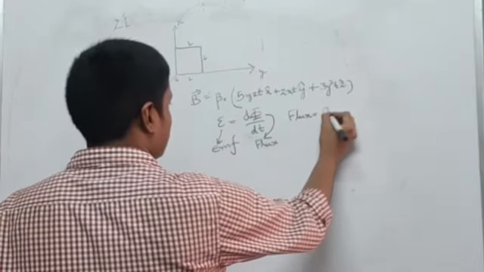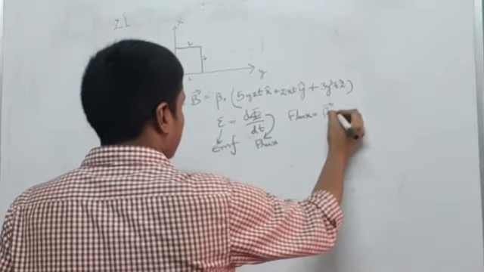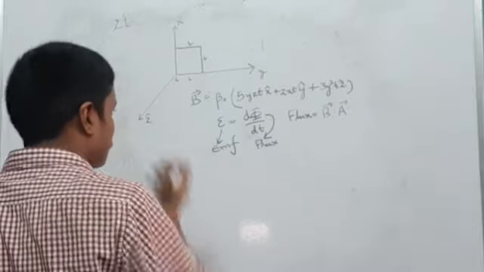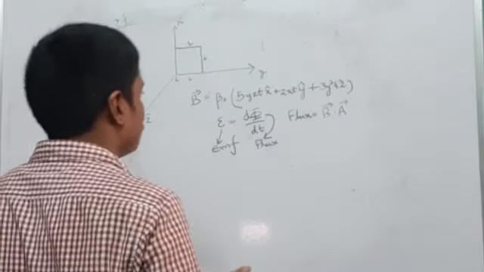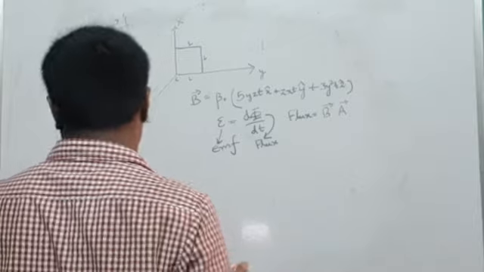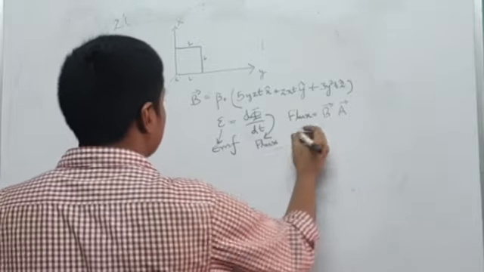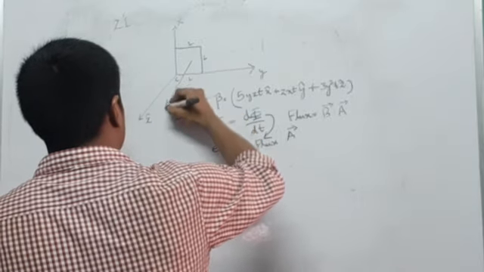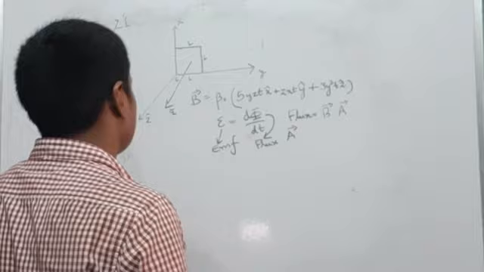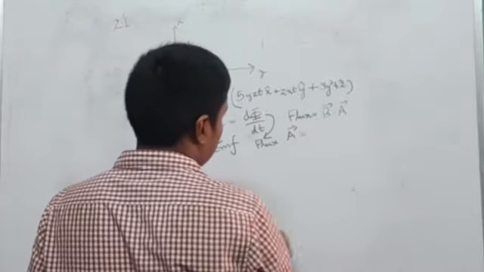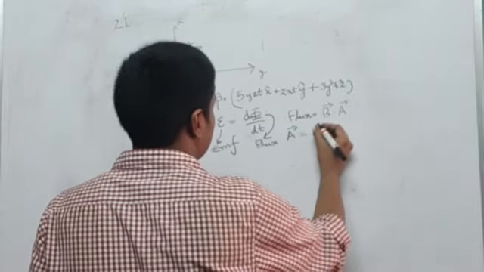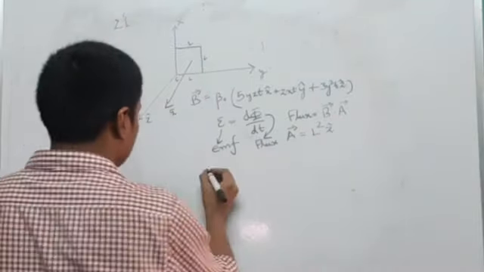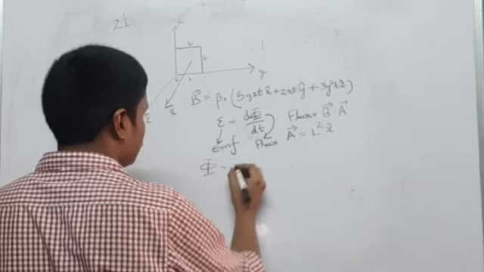Flux is nothing but the magnetic field times the area vector, basically the flux through the area under consideration. You see this area vector has to point along the z direction here. So the area vector is the area, which is L squared z cap.